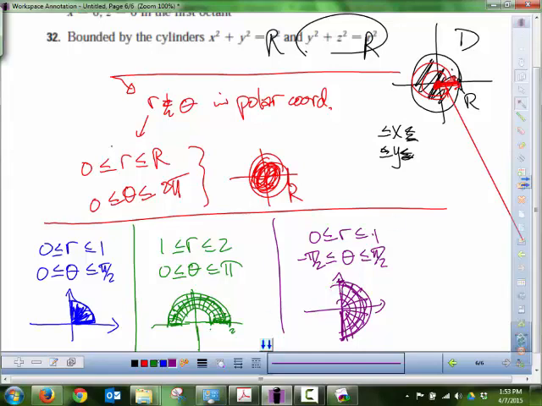And then don't forget the polar coordinate relationship to the Cartesian: r squared is equal to x squared plus y squared, and theta is equal to arctan of y over x or something.